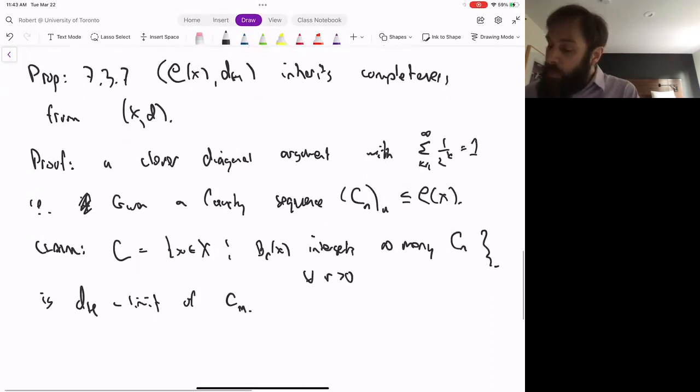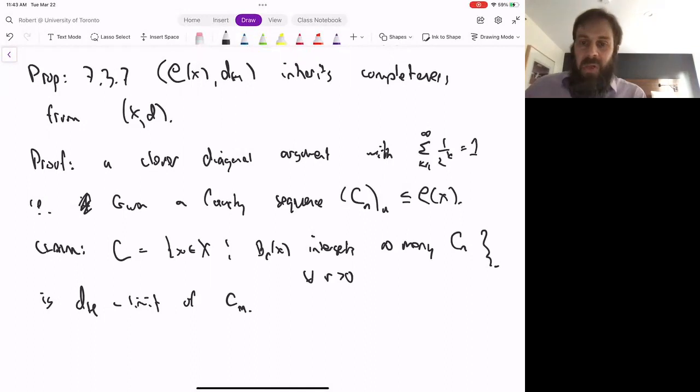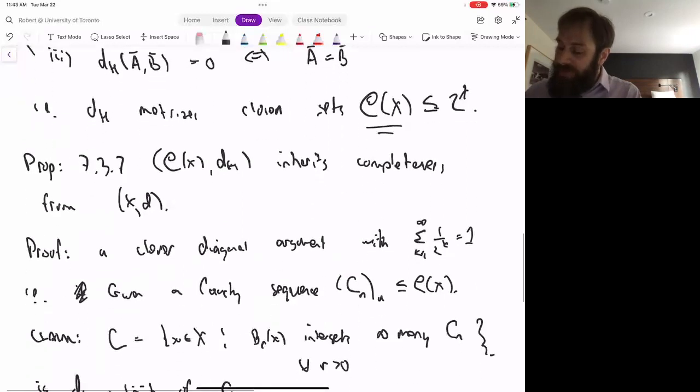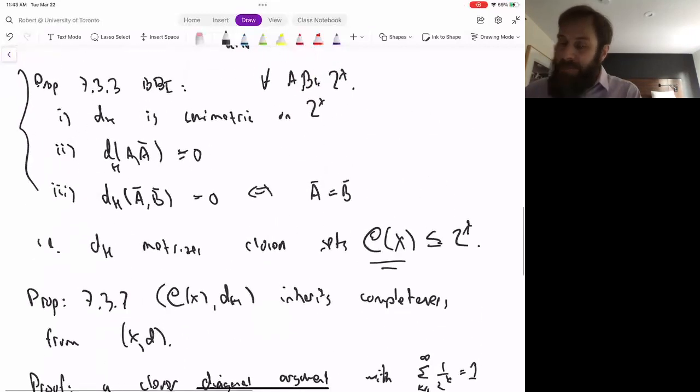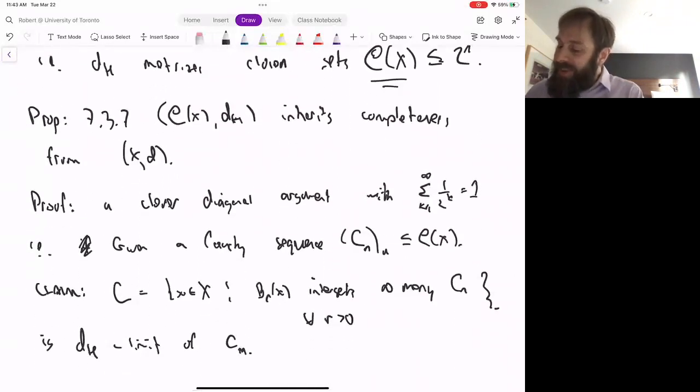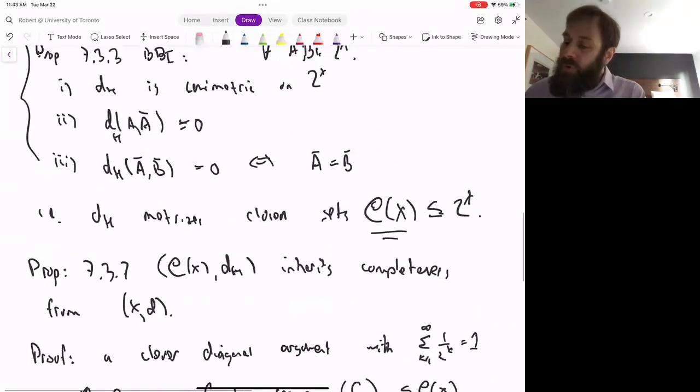And a remark that I want to make is that because of the previous proposition, I don't need to show that C is closed, because whether or not C is closed, if it's the d_H limit of the C_n's, then up to something at Hausdorff distance 0, it agrees with the closure of itself.